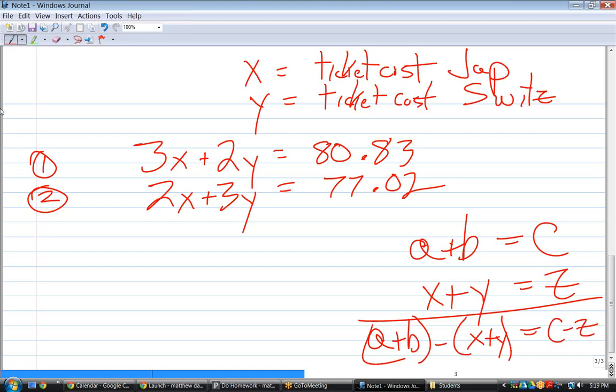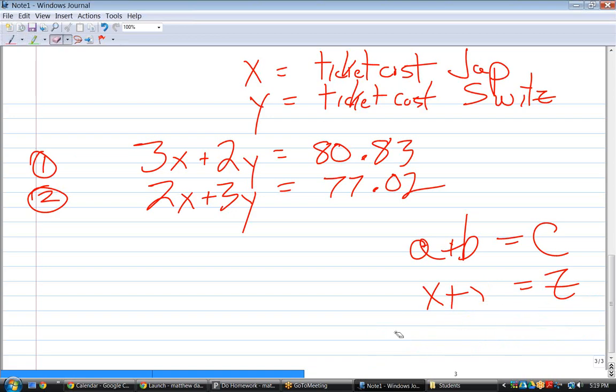So I'm allowed to add or subtract equations. Sometimes subtraction's the best way to go because a variable will eliminate immediately. In that last problem, a variable went away immediately by adding. Well, in this problem, I can't get a variable to go away by adding or subtracting. Not yet. So what do I need to do?